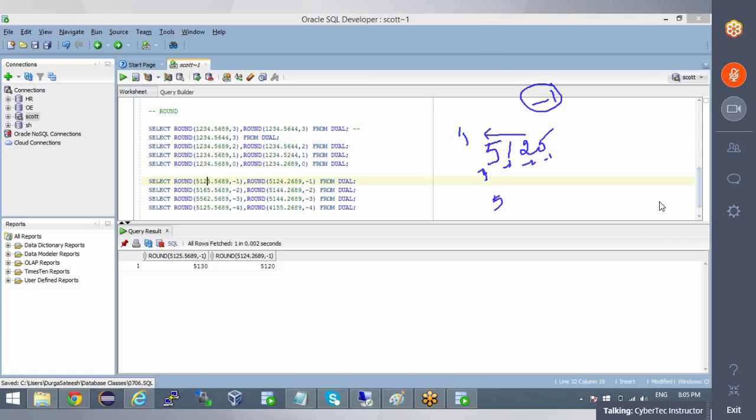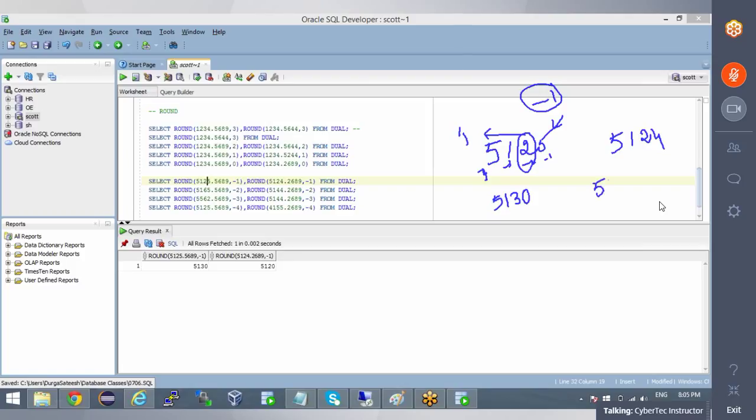So 51 is my general output, but the action over this value is taken based on the value that I have here. If the value here is greater than or equal to 5, then increment the preceding value by 1, so it becomes 3. Then override this particular value by 0. So 5130.